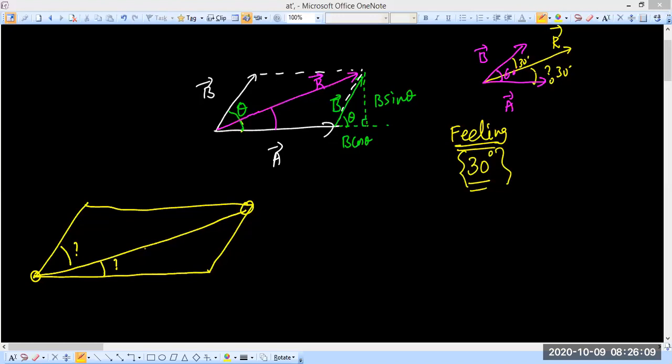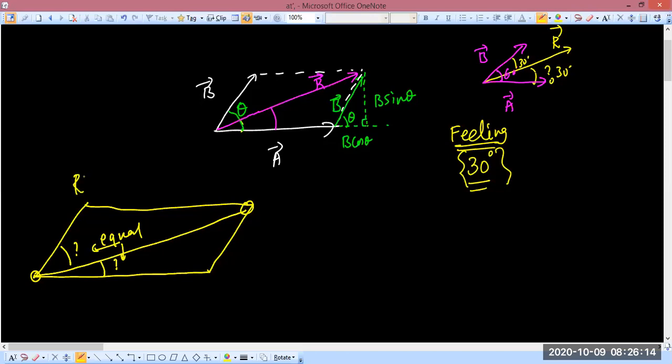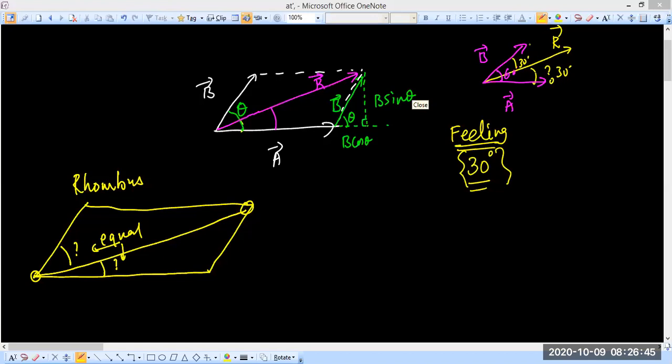In fact, if these two angles are actually equal, then this would become a rhombus. I hope you realize that. It happens only in a square or a rectangle.